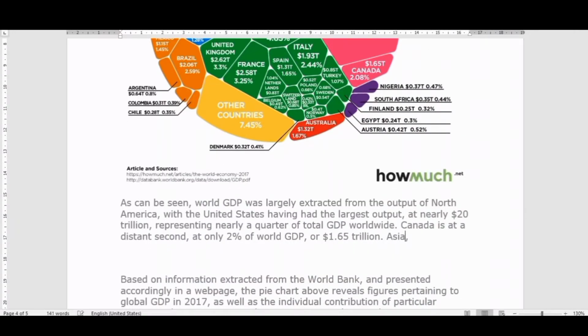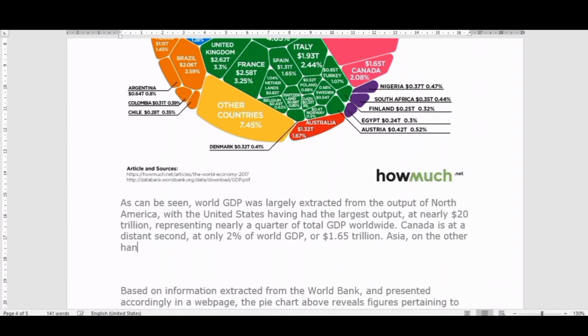Asia, on the other hand, represented. I'm sorry, I'm forgetting the tenses. Canada was at the distant second.